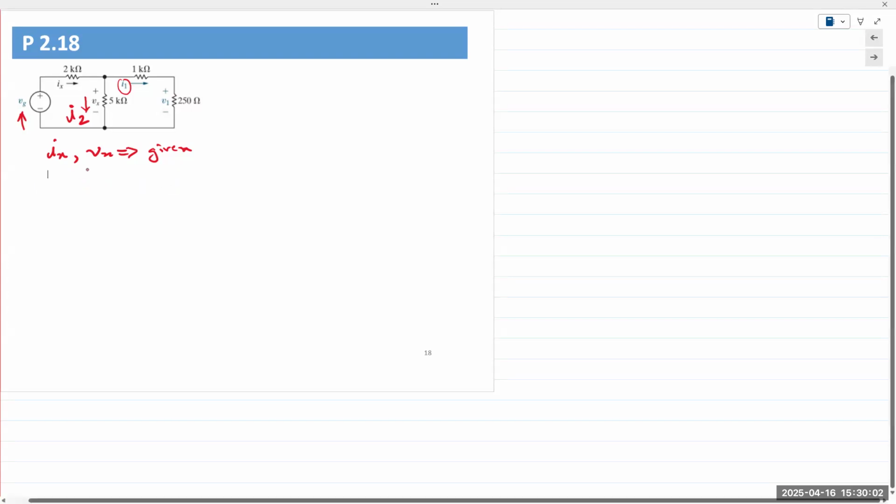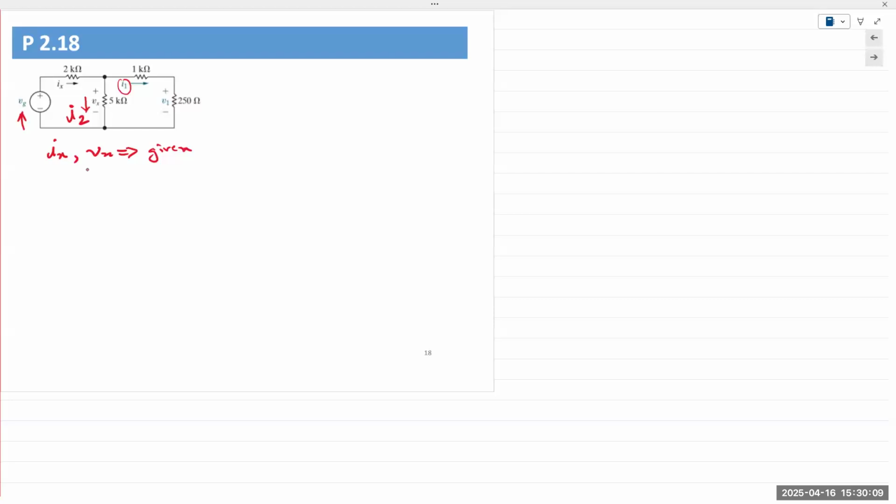let's see, so if that's the case, let's call this VA, that's Vx, let's call this VB, as V1 and Vx. It makes a mess of notations. Since Ix is given, we can find VA.